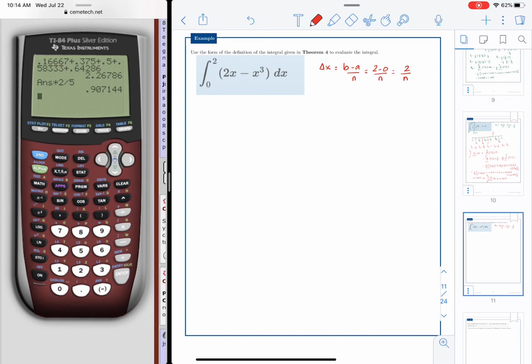And we know the integral is approximated by a Riemann sum, i equals 1 to n of f of xi multiplied by delta x.